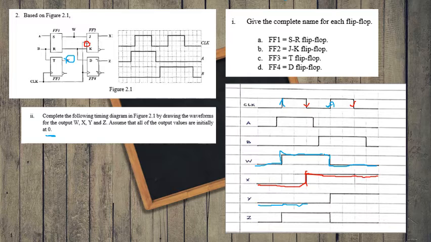When the clock is 0, B is 0, there will be no change. At the second edge trigger, the B input is high, so the output Y will toggle.